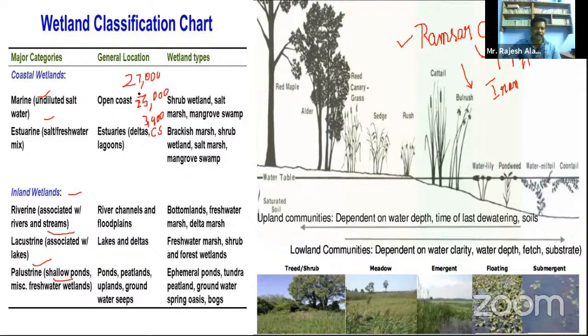So simply have it in mind, we have more than 27,000 wetlands, and the major wetlands are inland wetlands, not coastal wetlands.